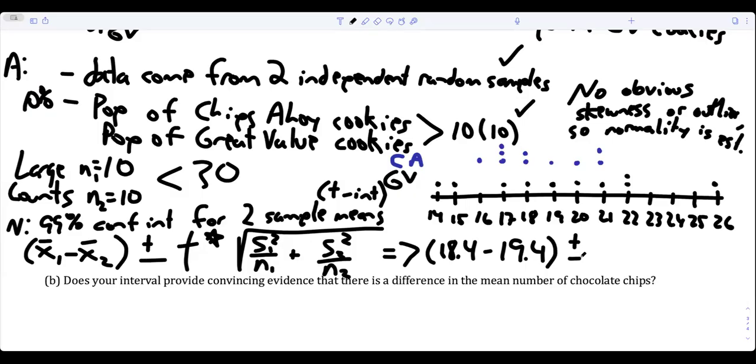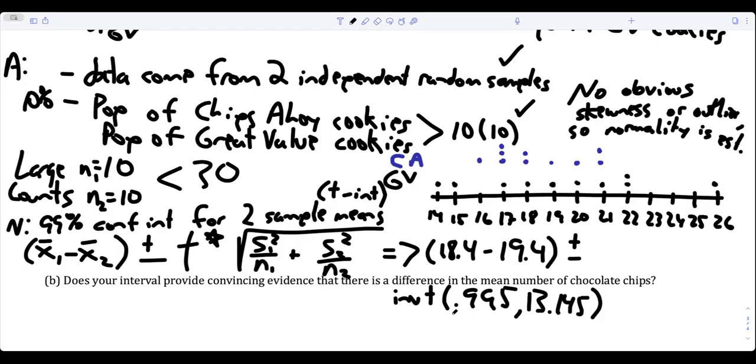But we're going to do inverse T. Inverse T. Okay, so it's going to be 0.995 because that is the area to the left. It's a 99% interval, which means I've got 99% in the middle and then 0.5% on the left and on the right. And my degrees of freedom in this case is 13.145.